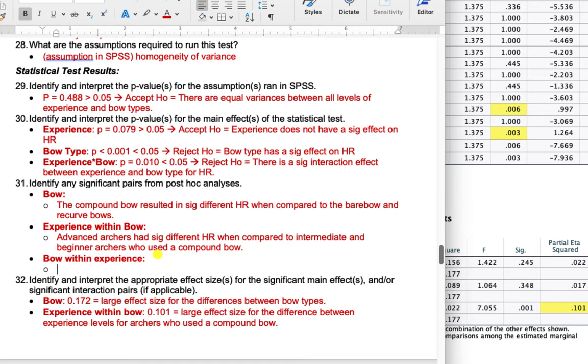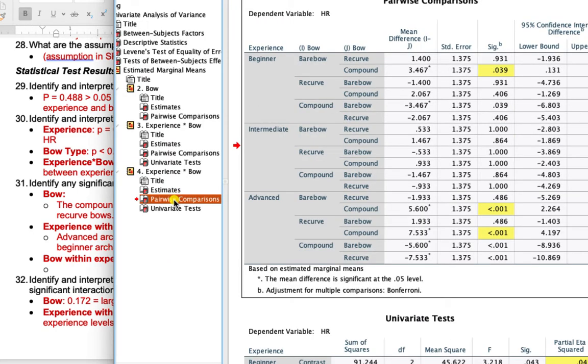The last set of pairwise comparisons is looking at differences between bow types within our experience levels. And we can see from this table that beginners had significantly different heart rates while using bare bow and compound bows.